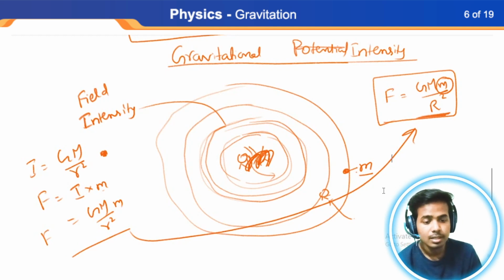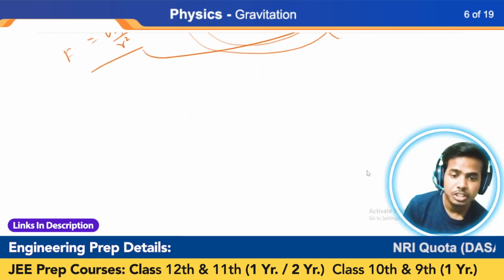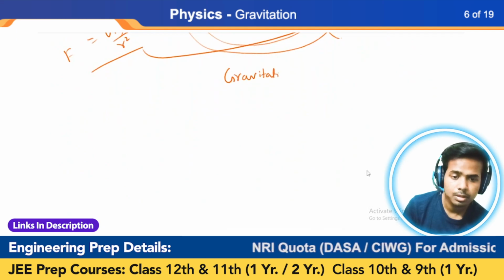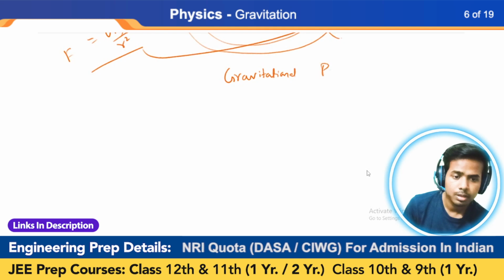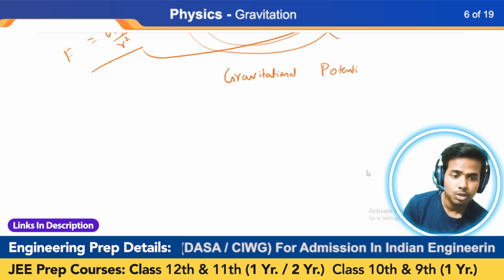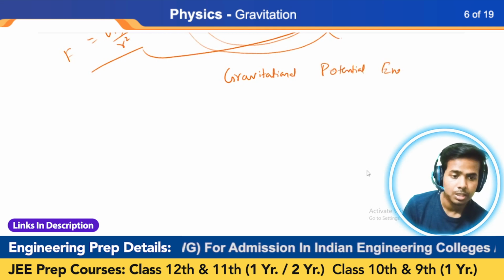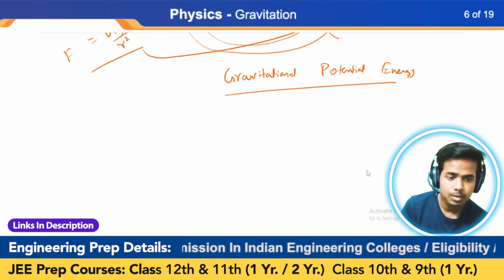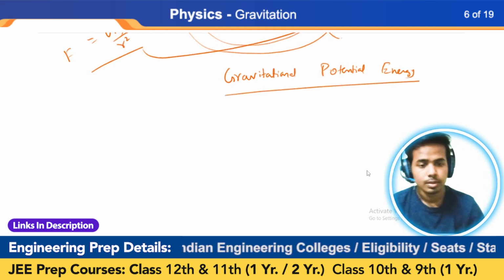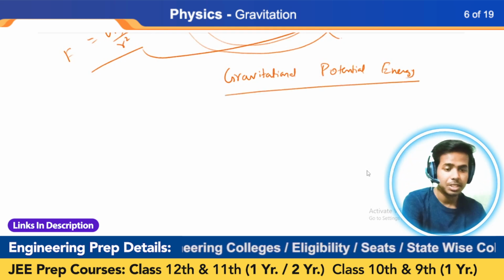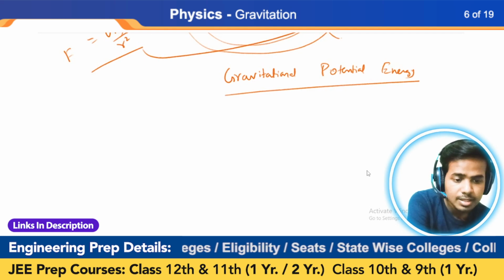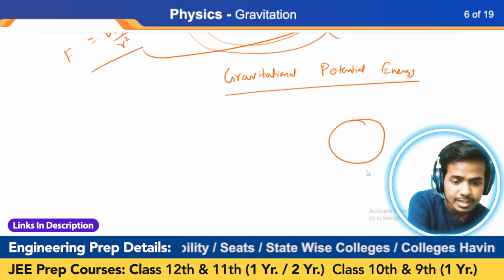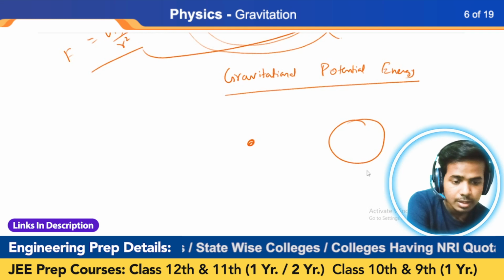But there's another thing which is called gravitational potential or gravitational potential energy. I will first talk about the energy and then the potential. Now, gravitational potential energy: let's say there is this one body of mass m and there is another body.